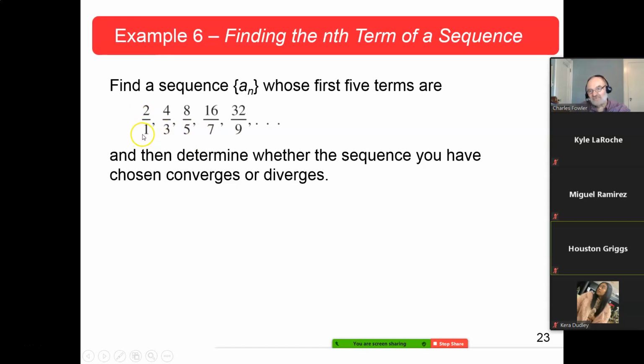Well, you could express this as 2n minus 1 when n is equal to 1. That would be 2n minus 1. This is 2n minus 1 when n is equal to 2. That would be 4 minus 1 is 3.